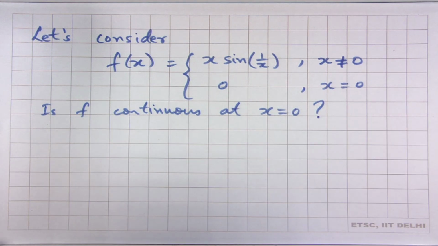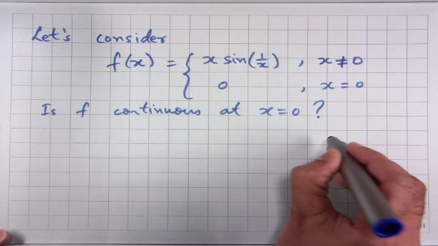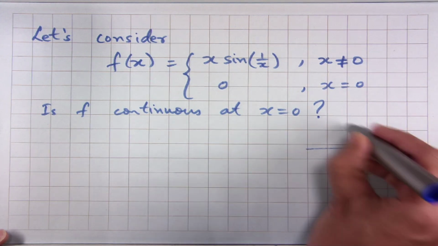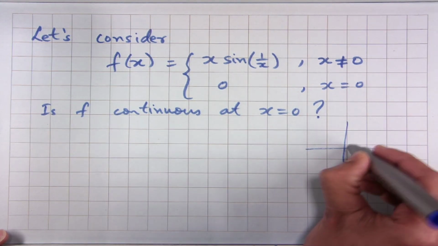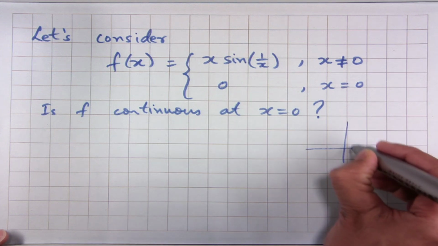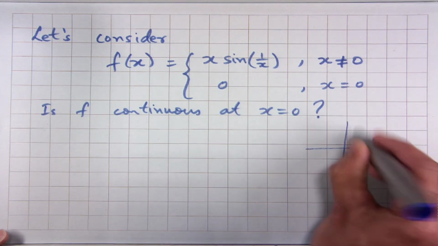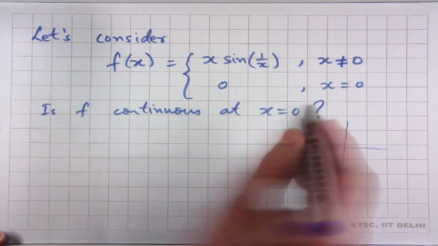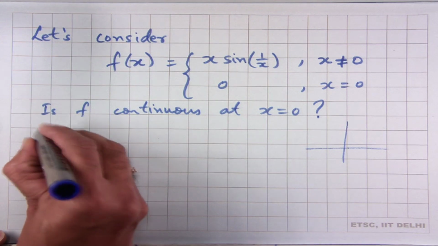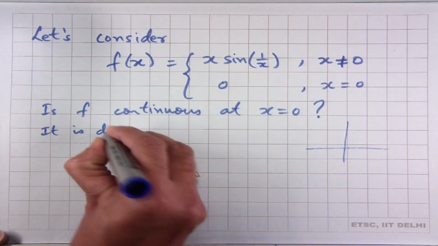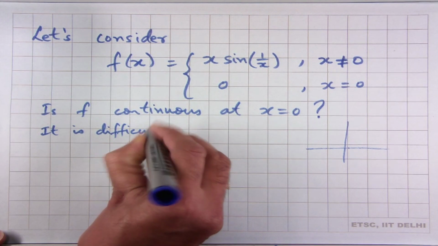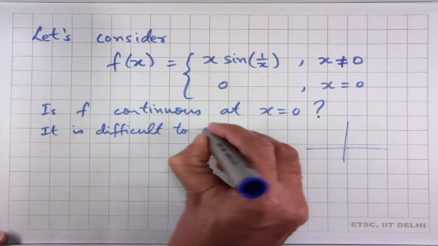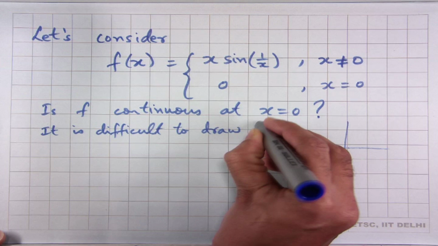So, in this case, if you try to draw the graph of the function x times sine 1 by x, it is very difficult to draw it near the point 0, because as you go close to 0 this function sine 1 by x keeps oscillating. So, it is difficult to draw the graph.